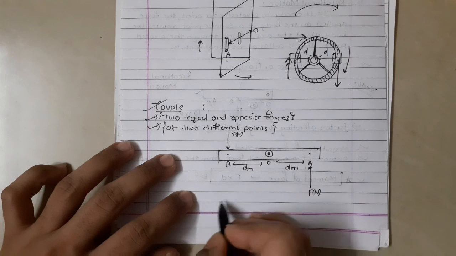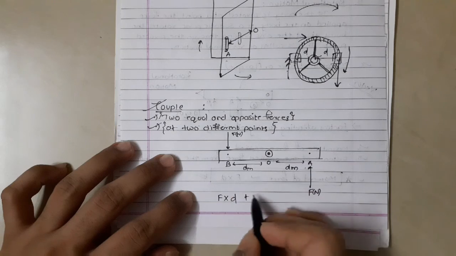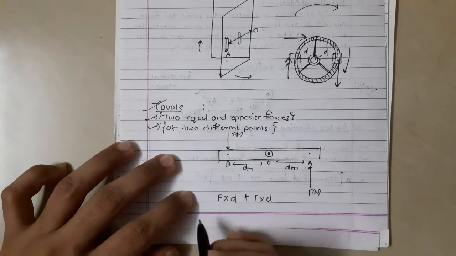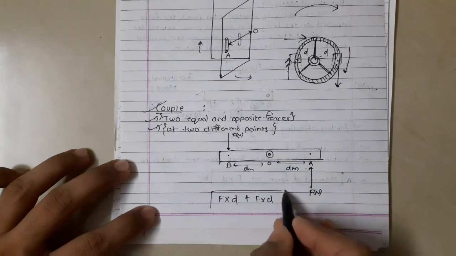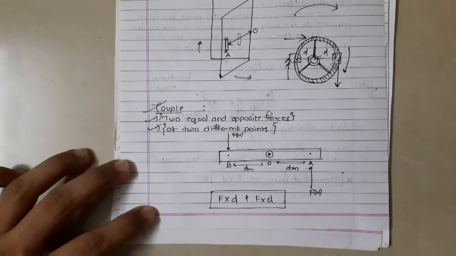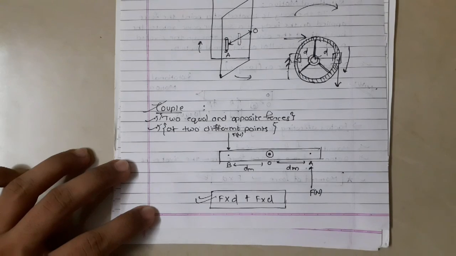The moment of this is F into d, plus the moment of this is F into d. Let's mark this in a box, and it's a very important question. So move on to the next topic, that is equilibrium.